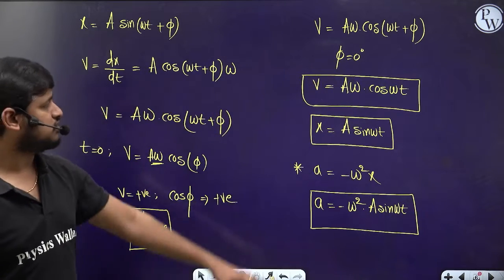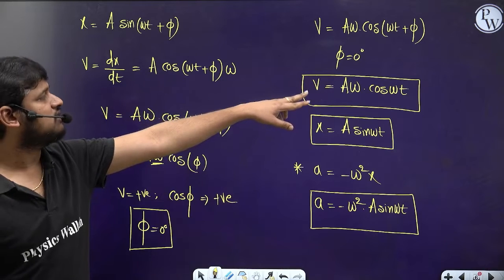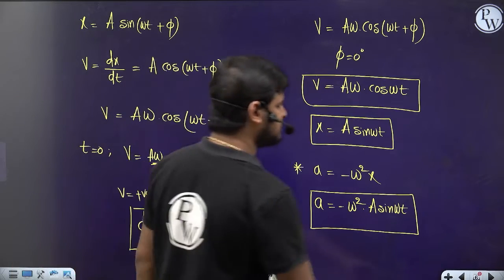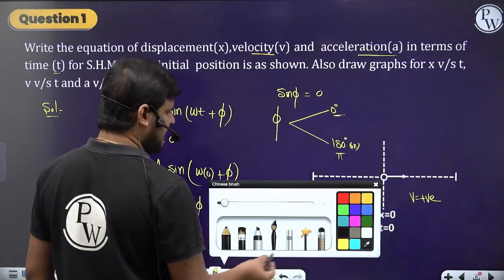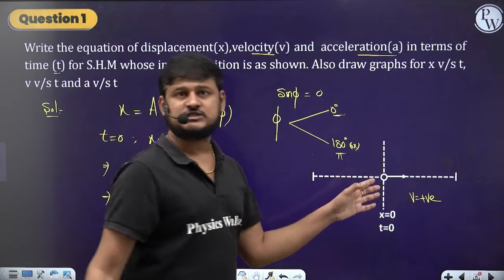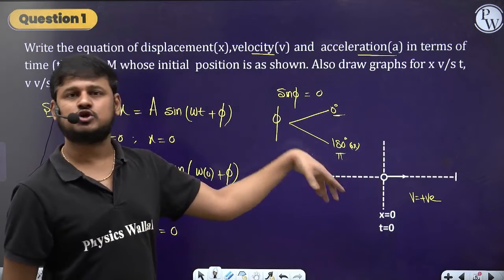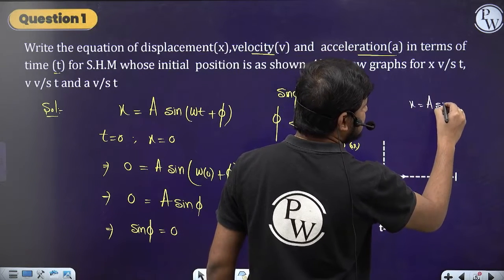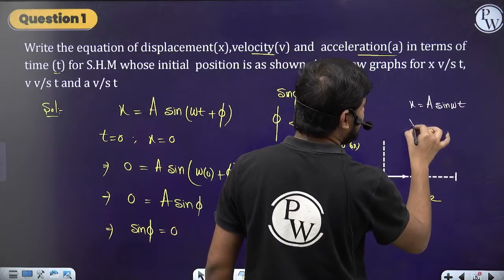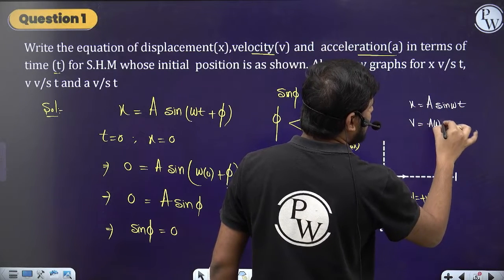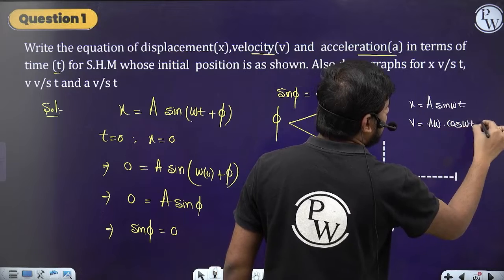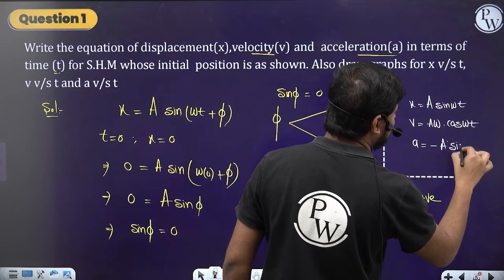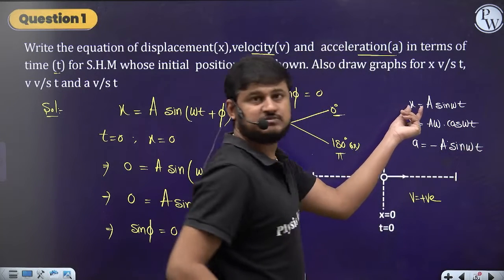Done, guys? Understood? v = A omega cos(omega t), x = A sin(omega t), and acceleration is equal to minus omega square x, you remember. So if the particle is performing S.H.M from the mean position towards the right extreme position, you just remember the equation x = A sin(omega t). Then you just differentiate it. The velocity will be A omega cos(omega t), and the acceleration will be minus A omega square sin(omega t).